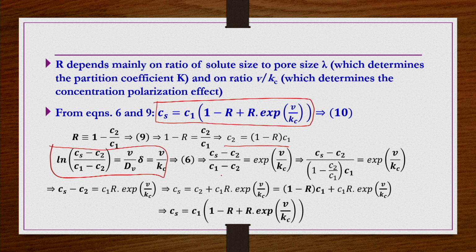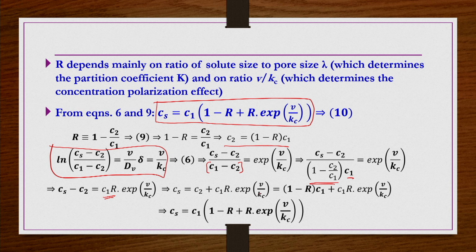Now we take the exponential on either side. Then from C1 minus C2 we take C1 common, so that we have 1 minus C2 by C1, and the rest everything stays the same. Now this 1 minus C2 by C1 we can write as R from equation number 9. So R times C1 can be taken to the right hand side: Cs minus C2 equals C1 R exponential V by Kc.